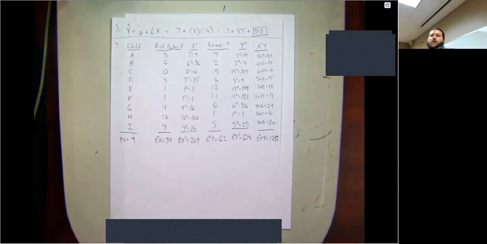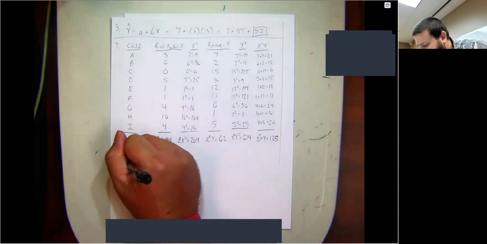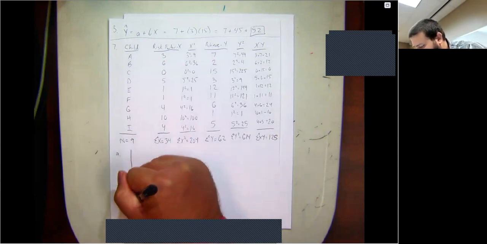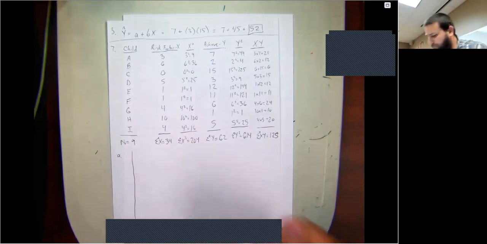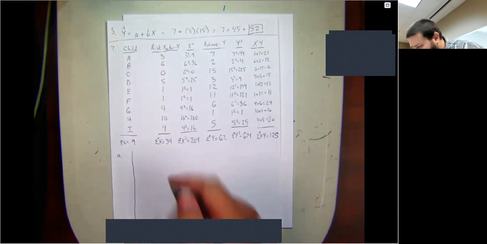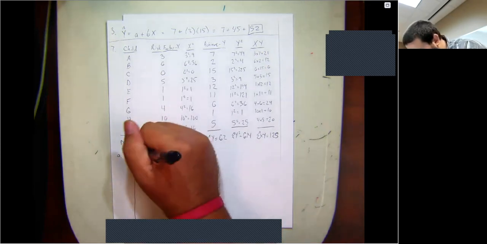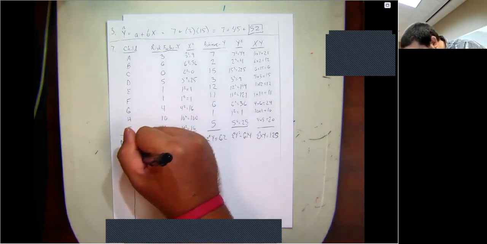Okay, so now that we have all our sums, let's do A, draw the scatter plot. Hopefully we have enough room here. We'll make it fit. 15 is the highest achievement score, so we have 15 of these.